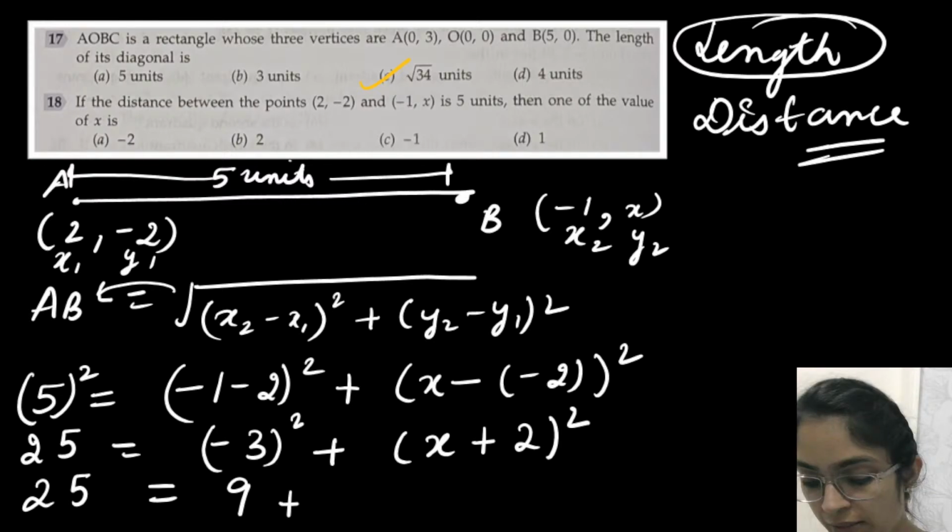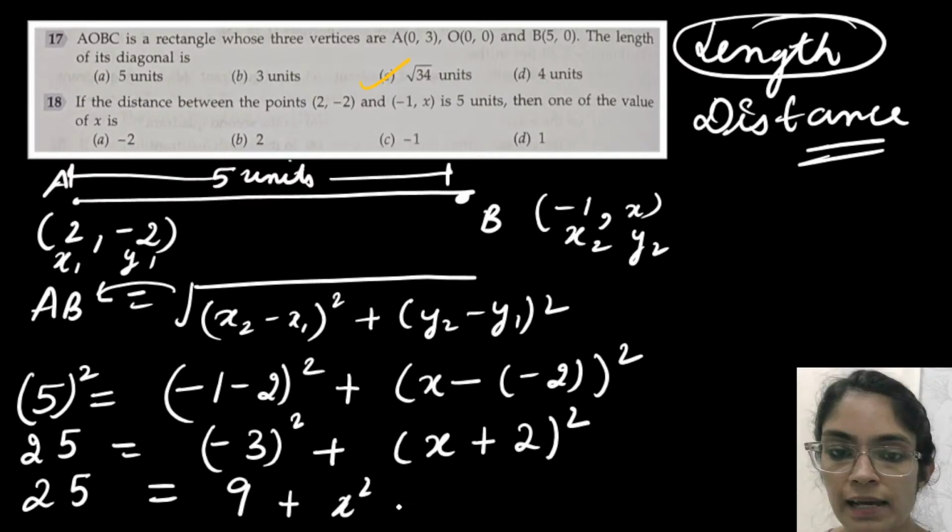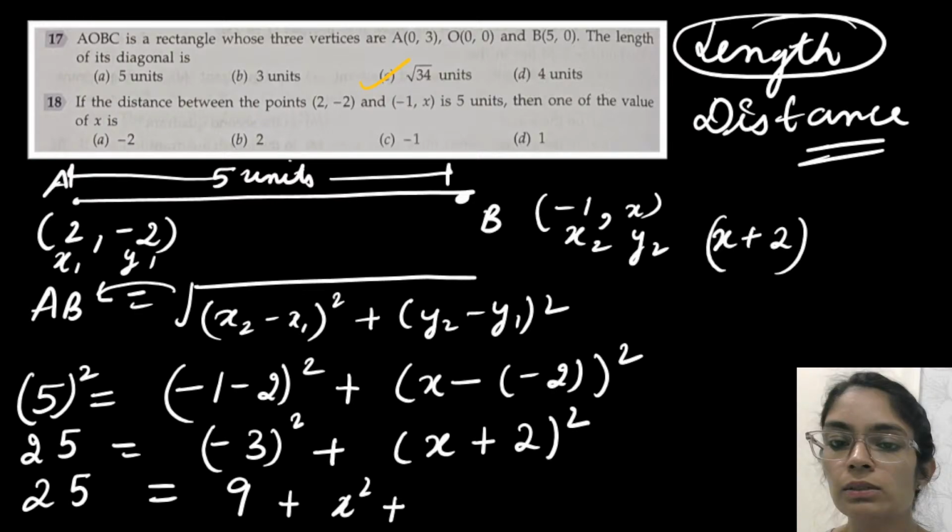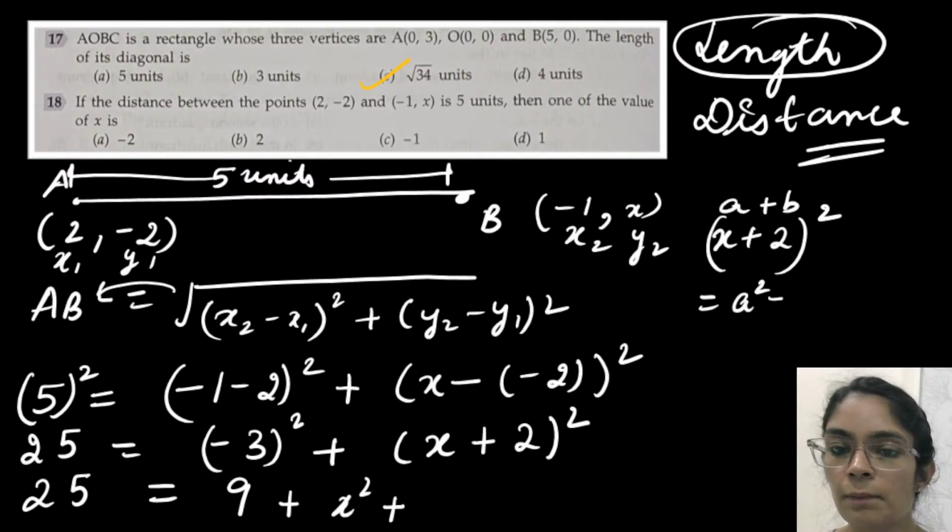For x plus 2 whole square, I am going to use the identity a plus b whole square, where a is x and b is 2. That is a square plus b square plus 2ab.